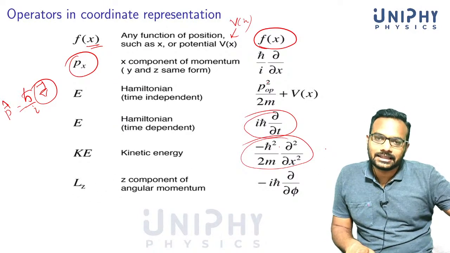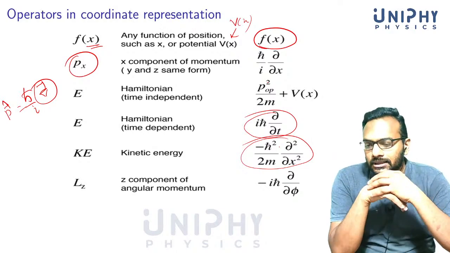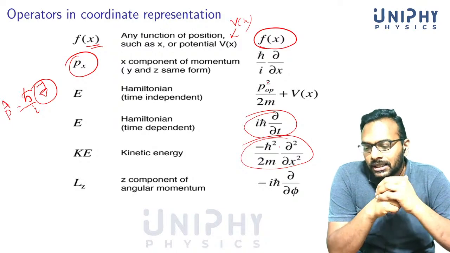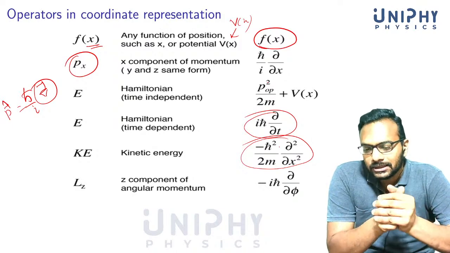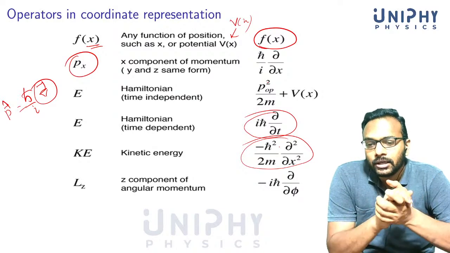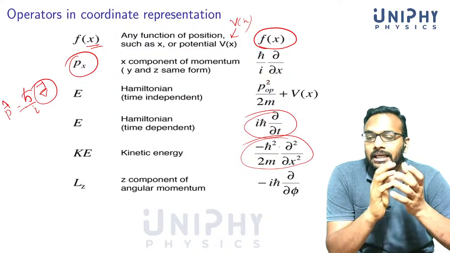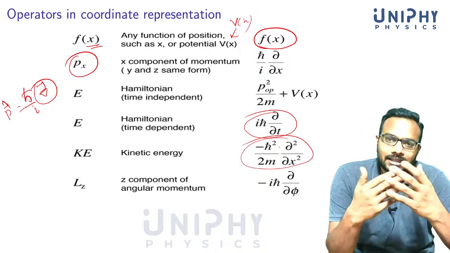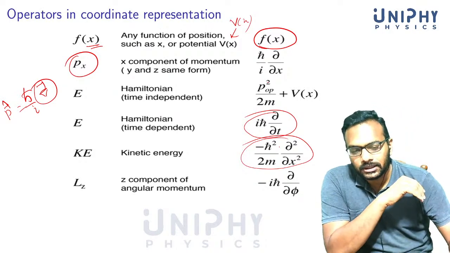These are just some examples of differential operators. So in Schrodinger picture or in wave mechanics, the operators are differential operators and the states are represented by complex functions. In matrix mechanics, operators are represented by matrices and states are represented by column matrices.